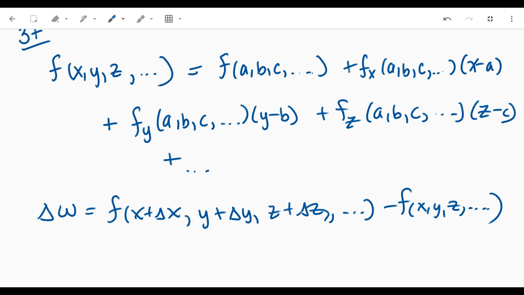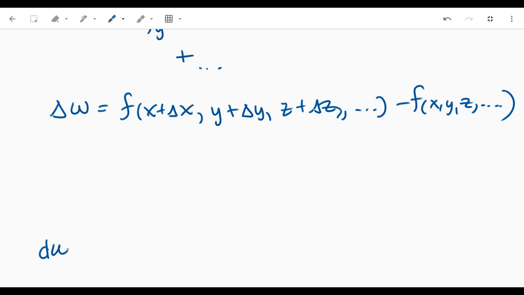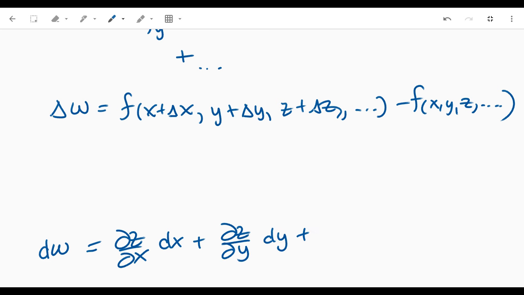And then your differential, how much your approximation differs by: partial in z with respect to x dx, partial in z with respect to y dy. Oh, that shouldn't be z, that should be w. A mistake in my notes.